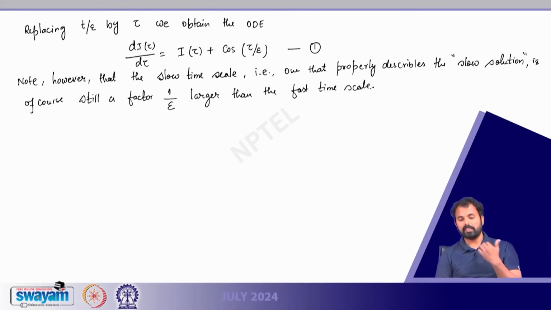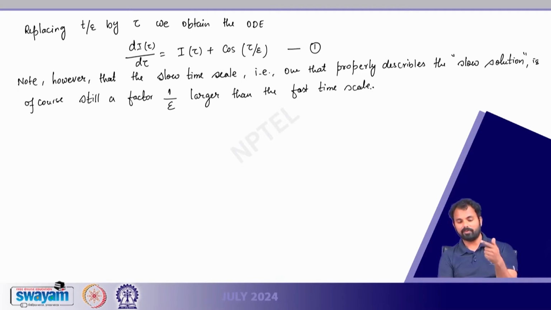So the slow time scale, where we had epsilon times t, the one that properly describes the slow solution, is definitely larger by a factor of 1 by epsilon than the fast time scale.